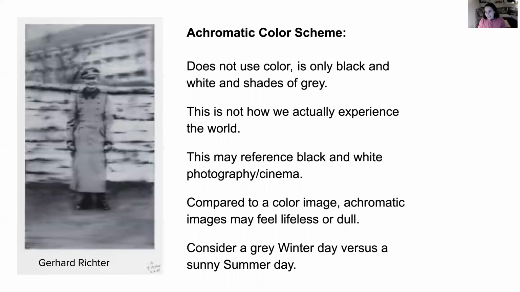Couple more here, achromatic. So this means no color. So speaking of light and color, achromatic means no color, and white, gray, and black are technically not colors. So even though you can go to the store and buy gray paint for your house, by the logic of physics, this is not. White in terms of light is all the light.